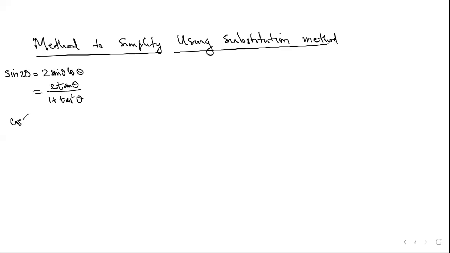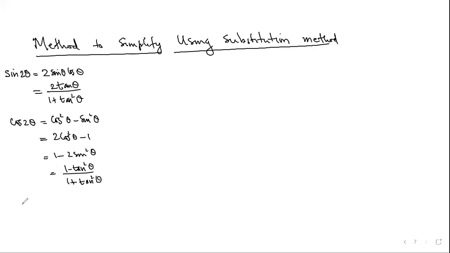Then cos 2 theta is cos square theta minus sin square theta, 2 cos square theta minus 1, 1 minus 2 sin square theta, and 1 minus tan square theta upon 1 plus tan square theta. You may be wondering why sir is writing all this. Because without having this vision in front of you, these problems cannot be solved.